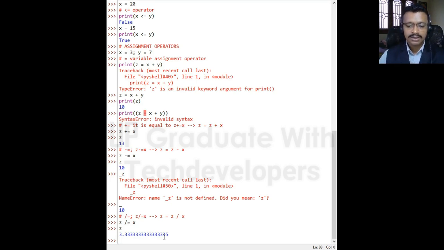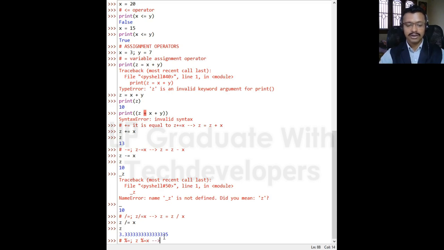Next we have modulus and. Means z modulus and x.